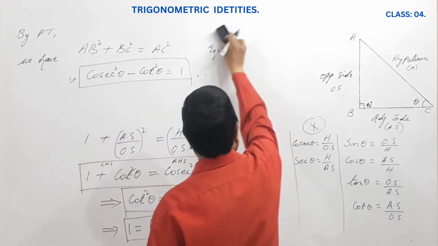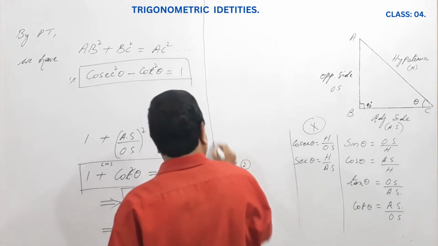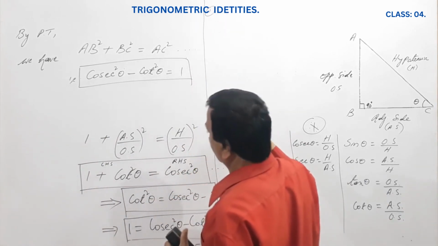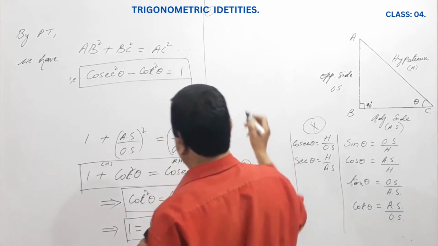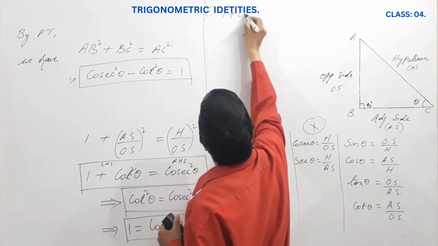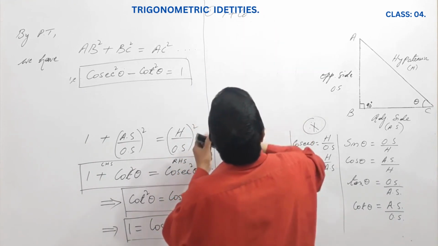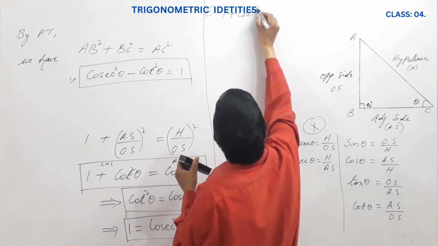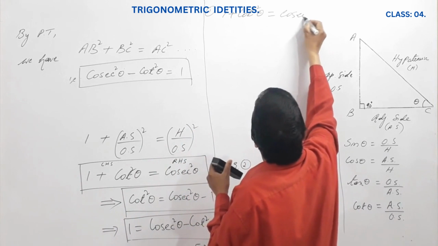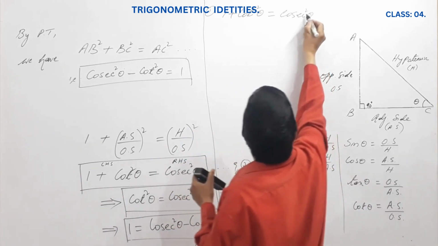I will rewrite all this. First one is 1 plus cot square theta equals to cosecant square theta.